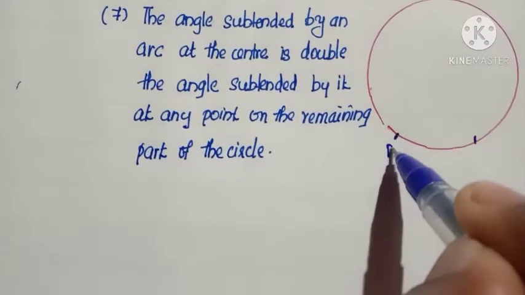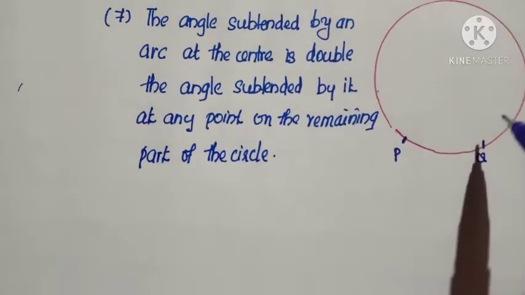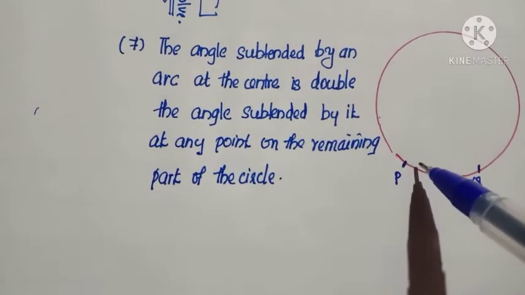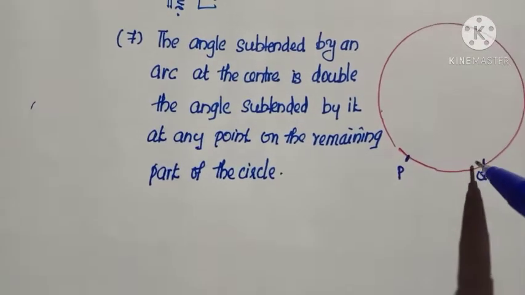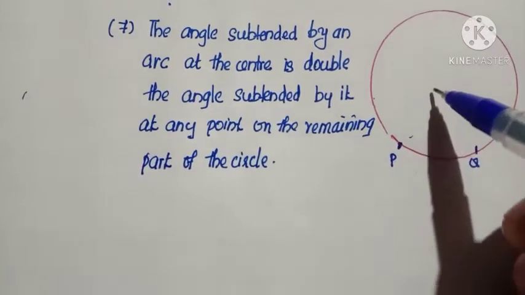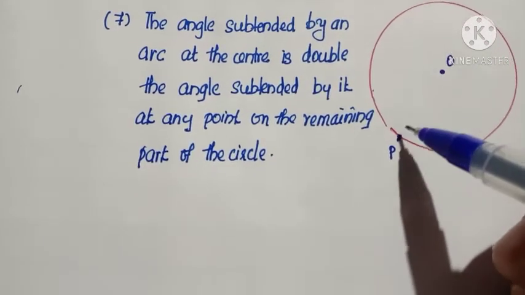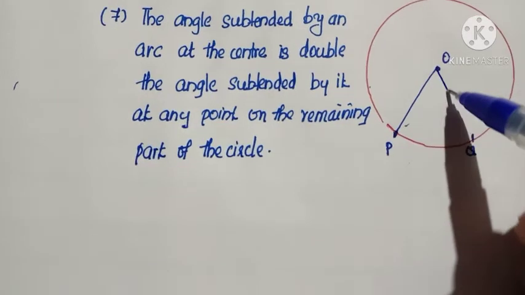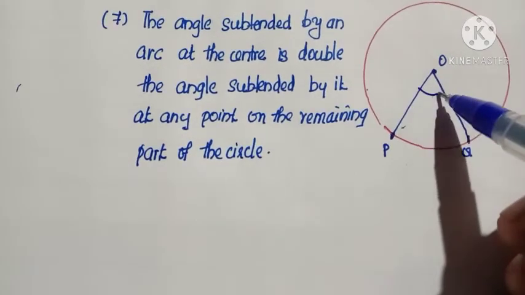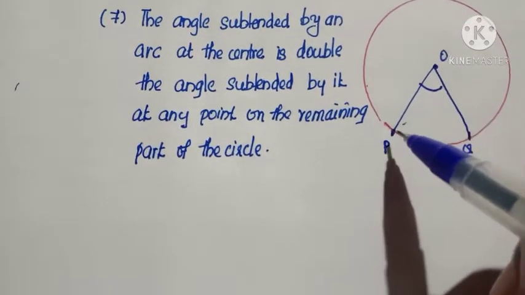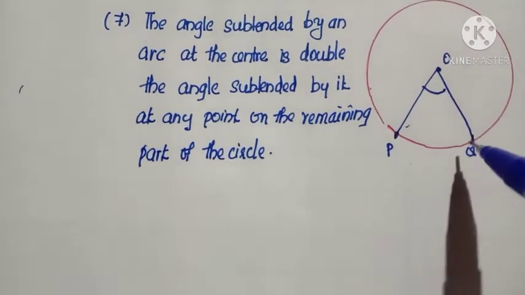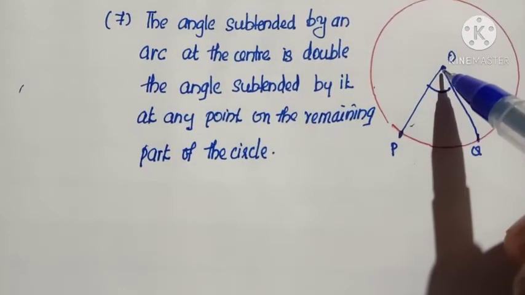This is a minor arc, a small part of the circle. O is the center, so angle POQ is the angle subtended by arc PQ at the center.